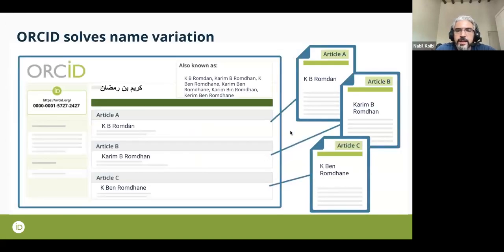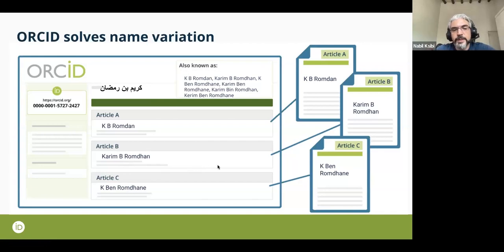And then there is this example of an article where Karim bin Ramadan, for example, is written. The name of Karim bin Ramadan is written differently in some articles, and the only federator place to basically verify and check if this is the Karim bin Ramadan that we are looking for is the ORCID record, because in that ORCID record, which is the federator of these different articles, you can find the different writings of this researcher.